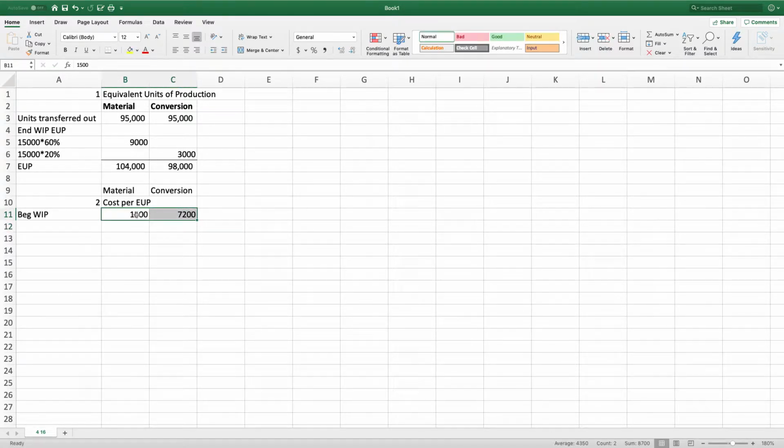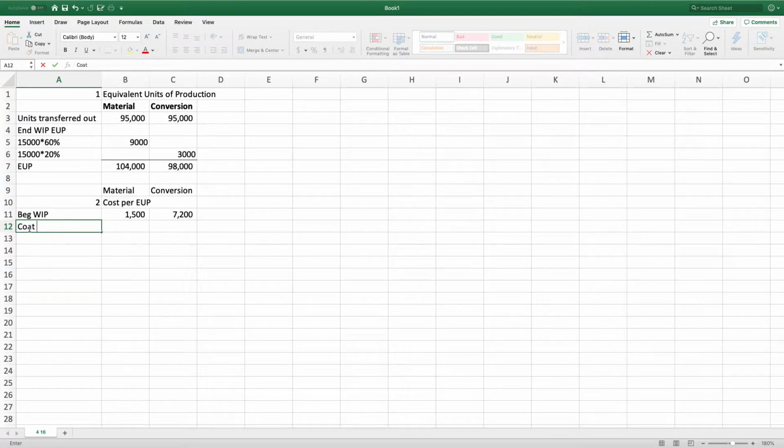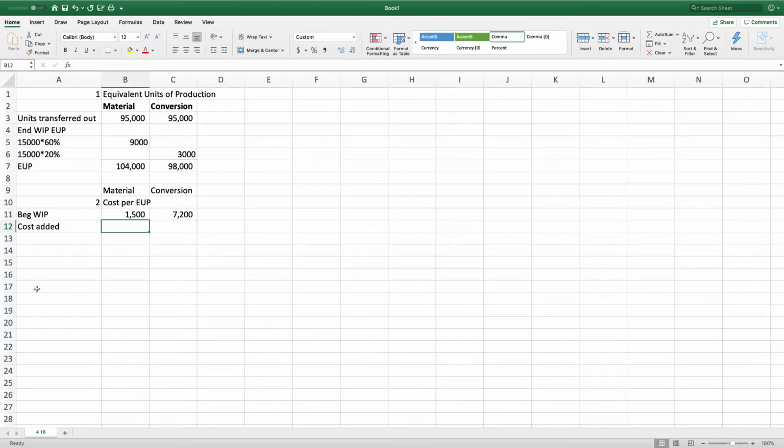They were given to us, so we're okay. The next thing we need to figure out are the costs that we added during production, so I'm going to say cost added. With respect to material, how much cost did we add in the month of May?